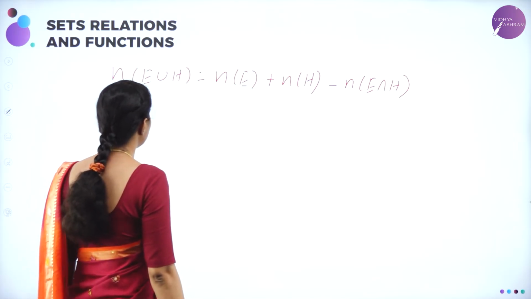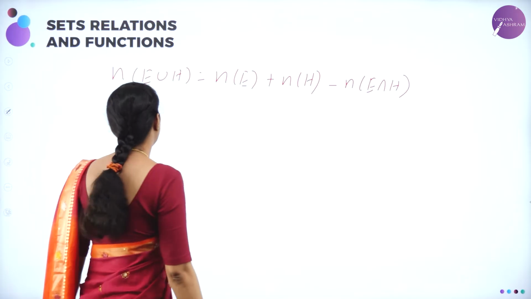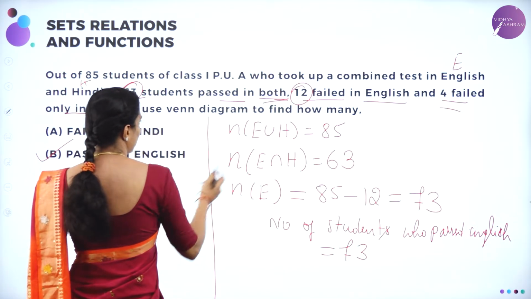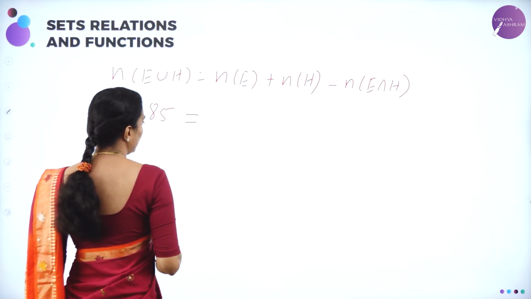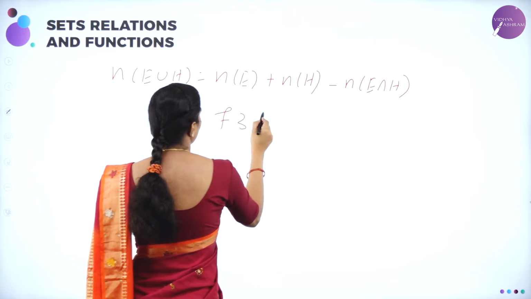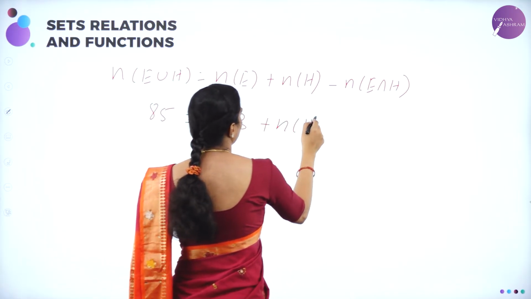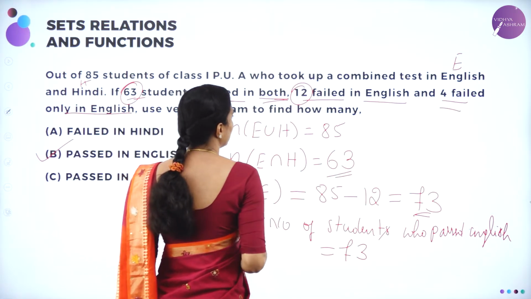So let me substitute here. We don't know how many students are in Hindi. So we substitute N of E union H as 85, equal to N of E, which we know is 73, plus N of H, which we don't know, minus N of E intersection H, which is 63.